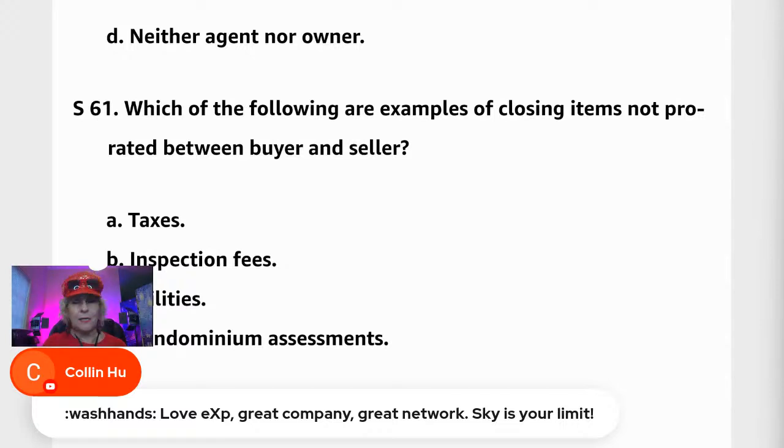Okay. Oh, no, it is not A. So which of the following are examples of closing items not prorated between buyer and seller? Taxes, inspection fees, utilities, or condominium assessments? It is inspection fees. Because inspections are paid by the borrower. Well, the seller could end up paying for it, but those are not prorated.